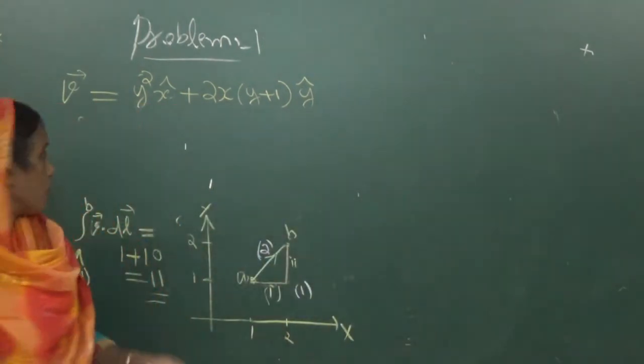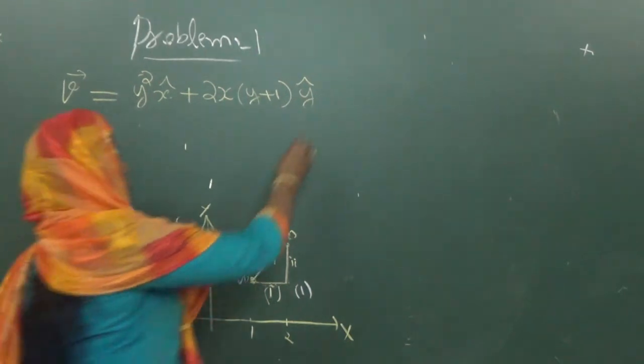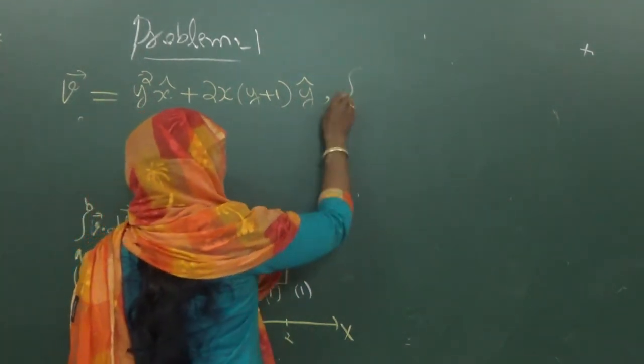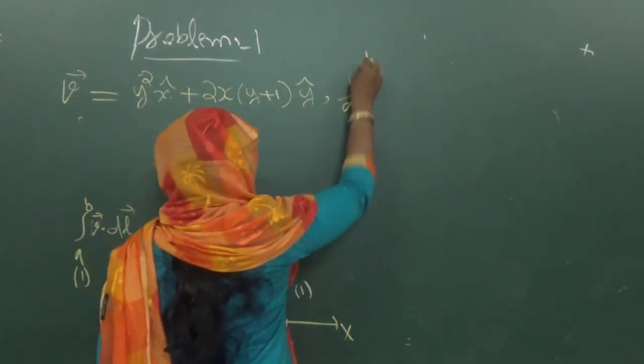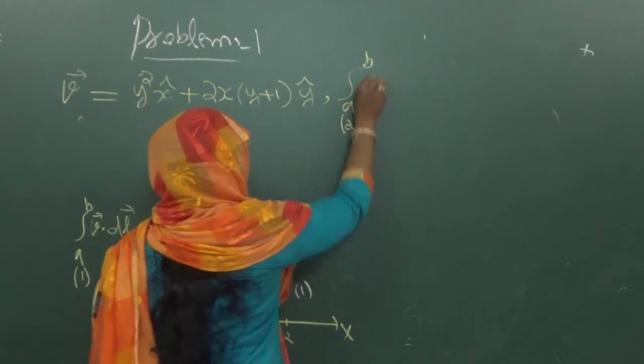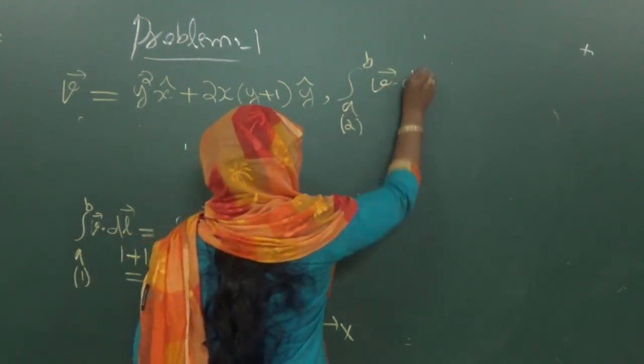Now, we want to find the integral from A to B along path 2 of v dot dl.